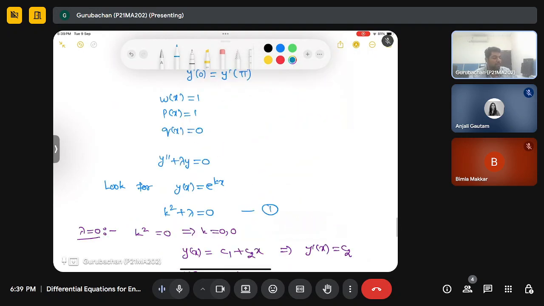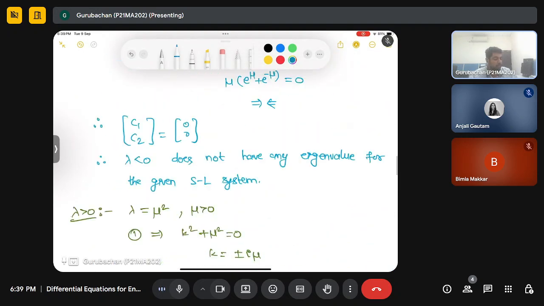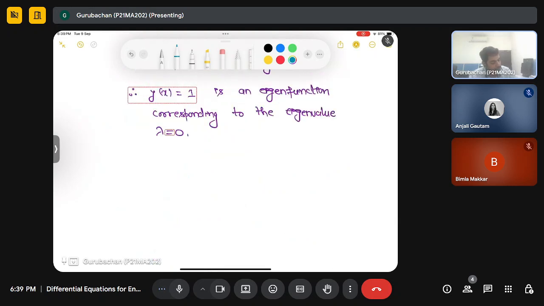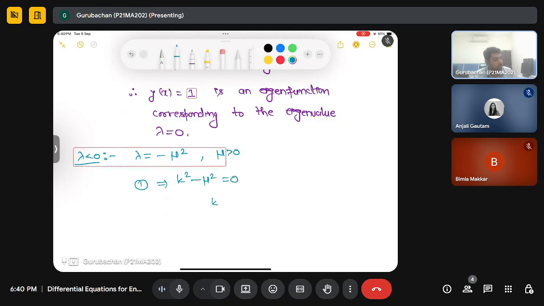Next case is lambda less than 0. So let us do lambda less than 0. Again, you will consider lambda to be minus mu square, where mu is a positive quantity. So from here you will get k square minus mu square equal to 0, which will give you k equal to plus minus mu.